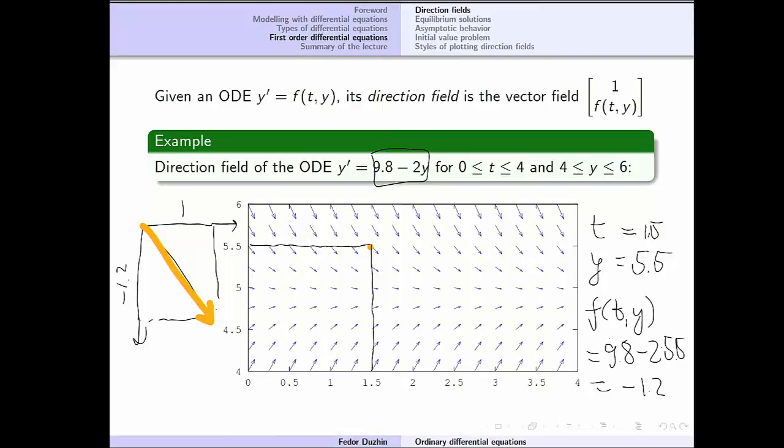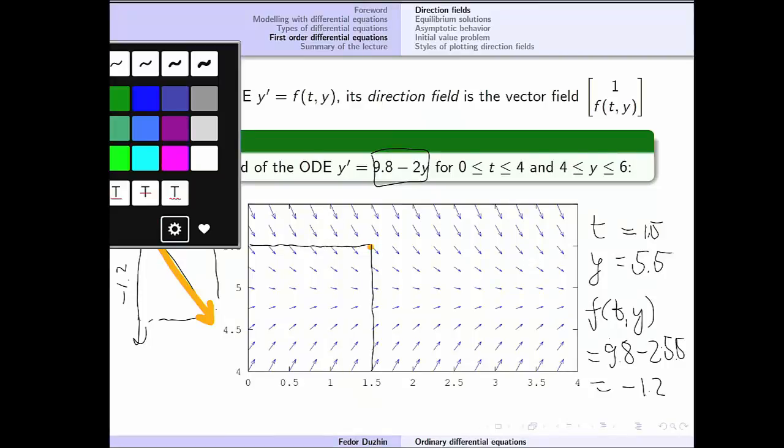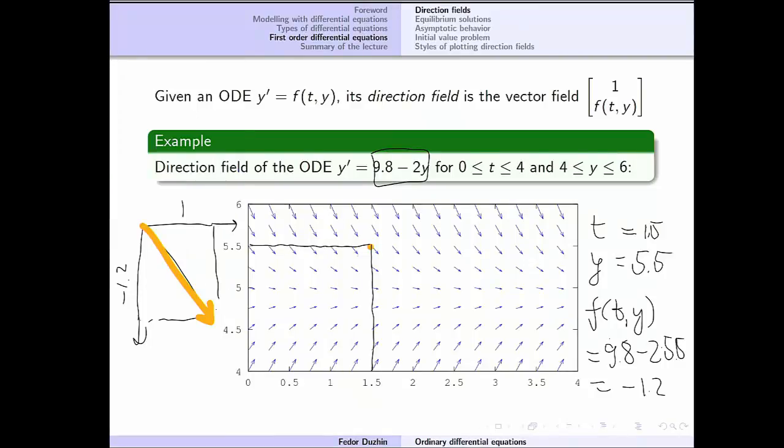The vector that you see on this direction field is, of course, if I plot the whole vector, then I would have to do this, so that its x coordinate is 1. But I just plot a vector that is parallel to it, but much shorter, so that different vectors do not overlap.